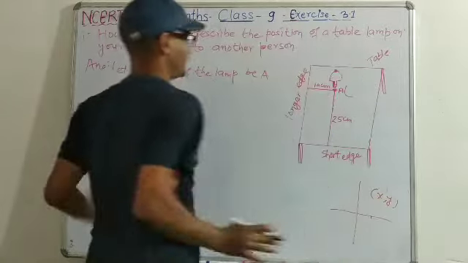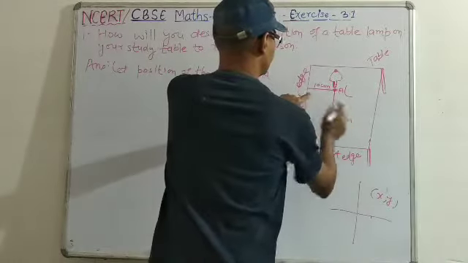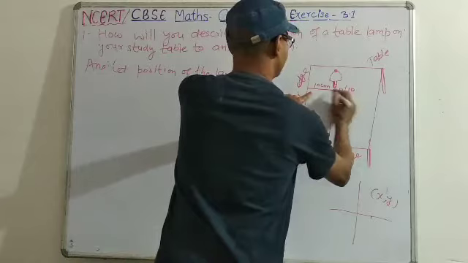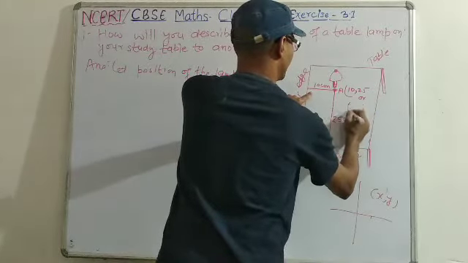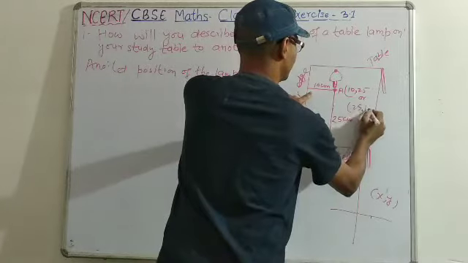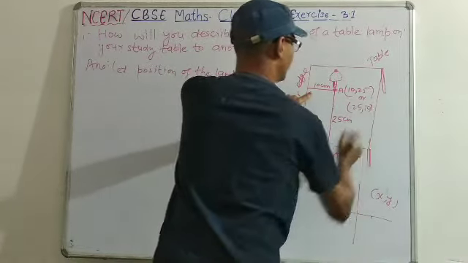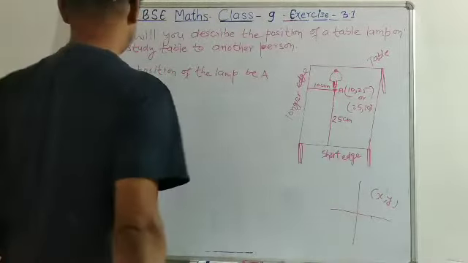But here there is no axis, so we can write 10, 25, or otherwise 25 and 10, according to a fixed order.